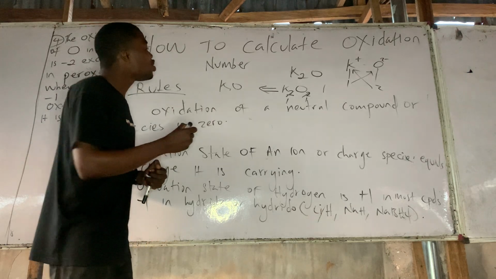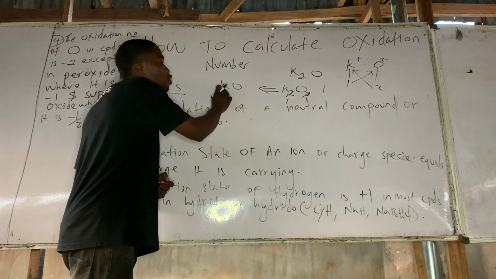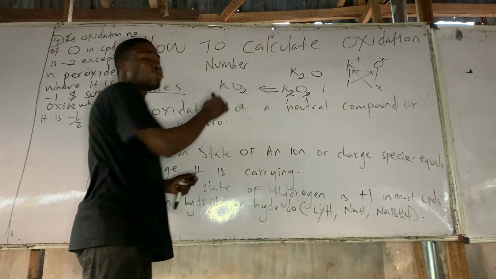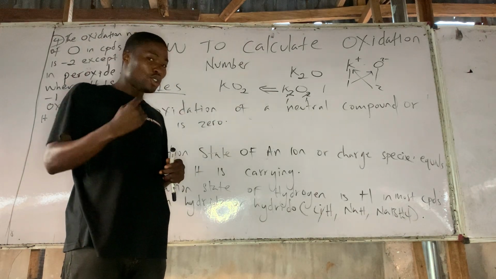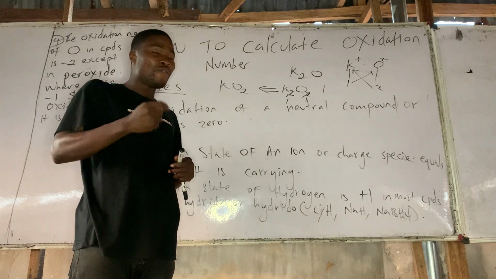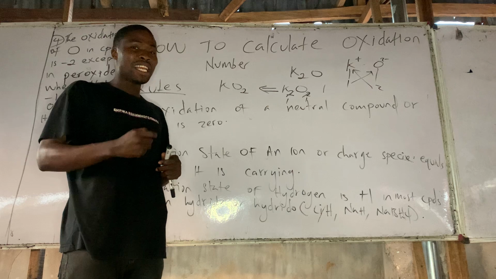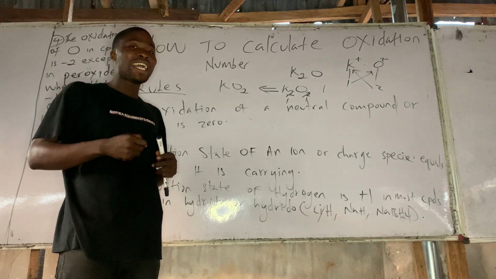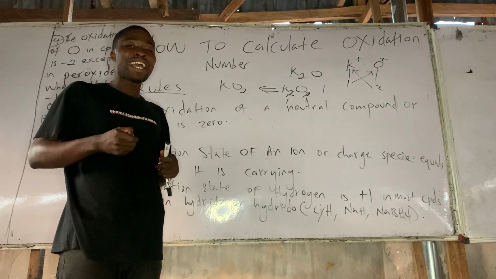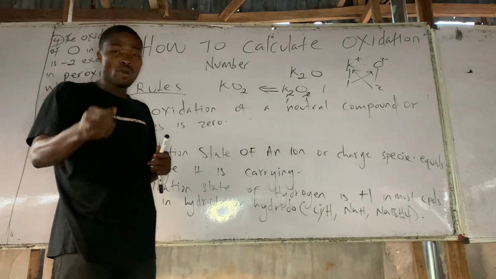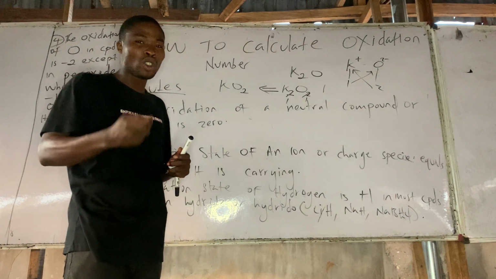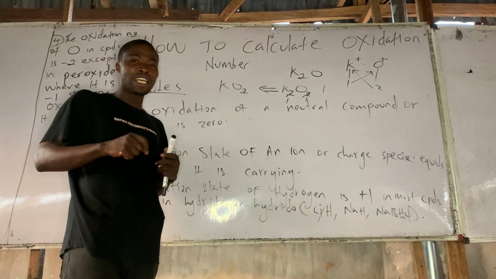So the superoxide of potassium should now be KO2. It should be noted that only very reactive metals can form superoxides: the likes of potassium, barium, rubidium, cesium. Only these metals can form superoxides.